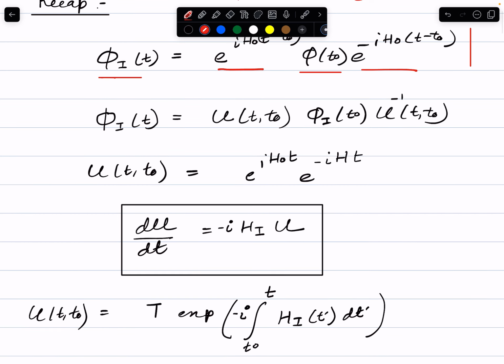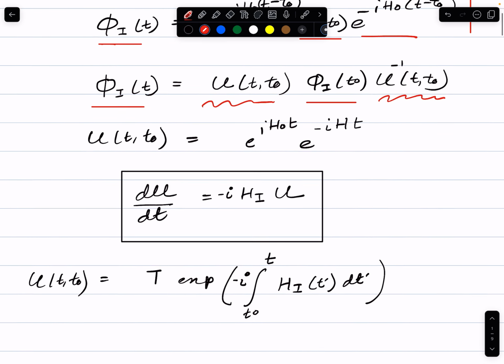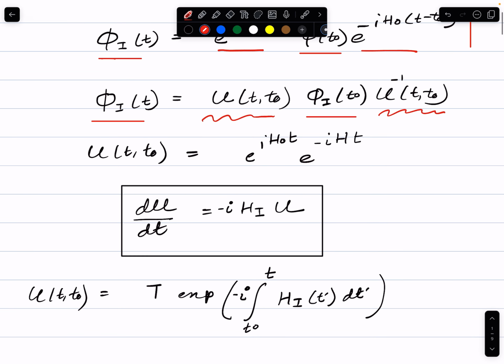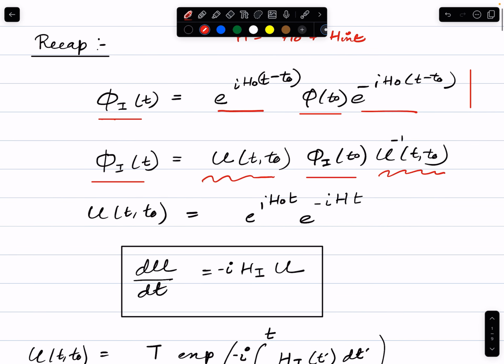If I focus purely on the interaction picture, then phi I of t is related to the interaction picture field at some other time t0 through this operator, U(t, t0). We saw that this operator looks like this, where H0 is the free Hamiltonian, H is the full Hamiltonian, including the interaction.